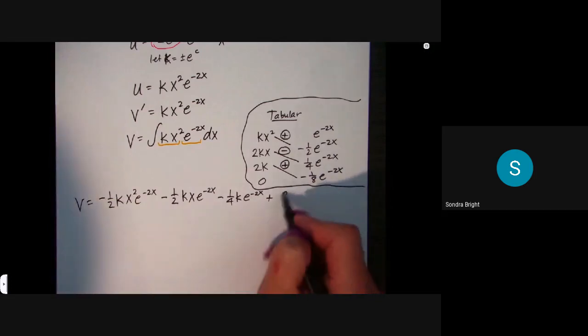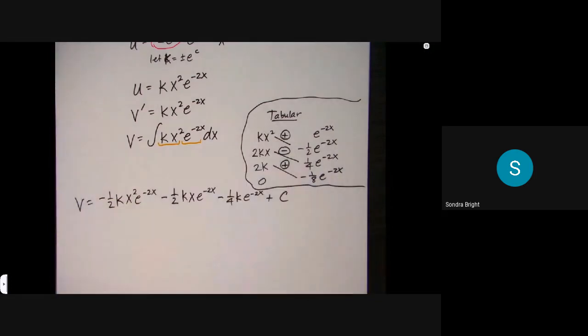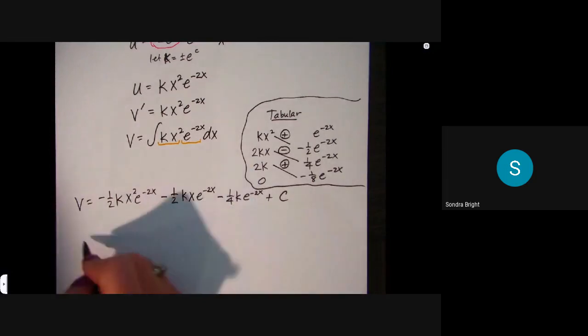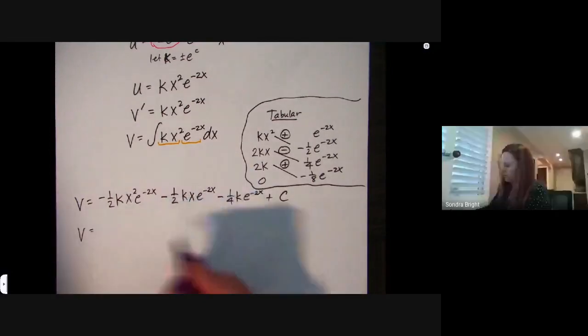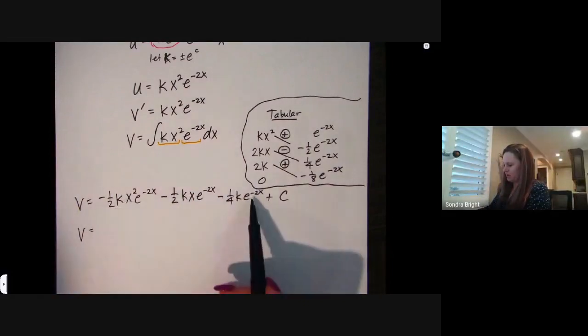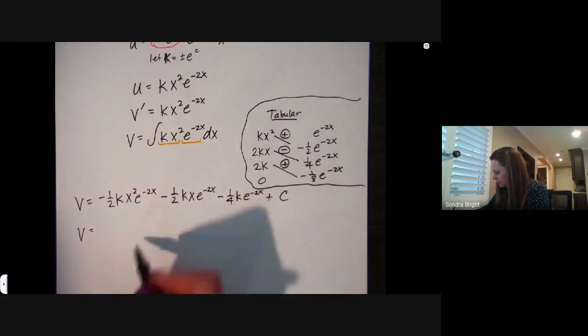All right, so let's clean this up a bit. I could factor out the e to the negative 2x out of all of these. They all have an e to the negative 2x in common.